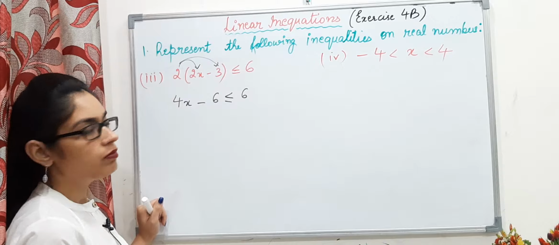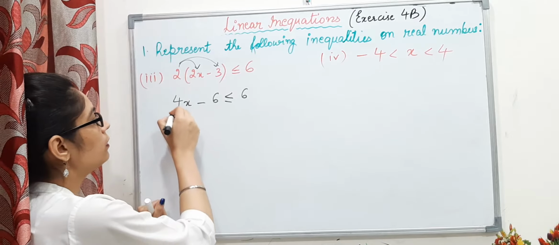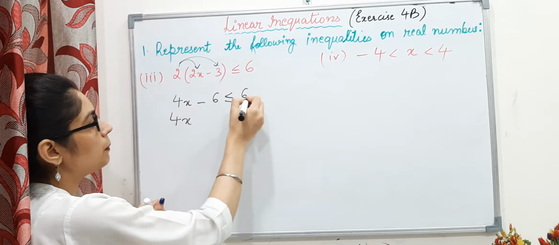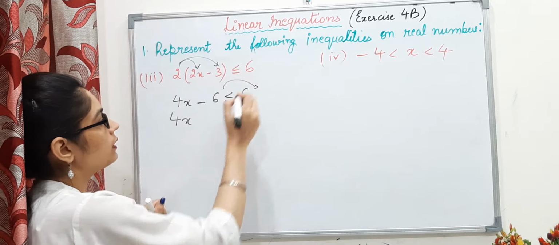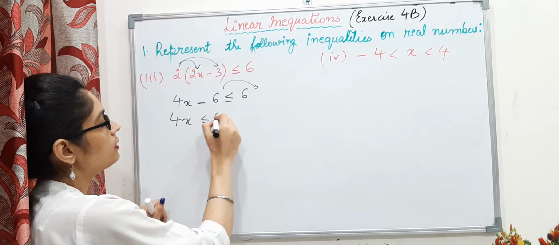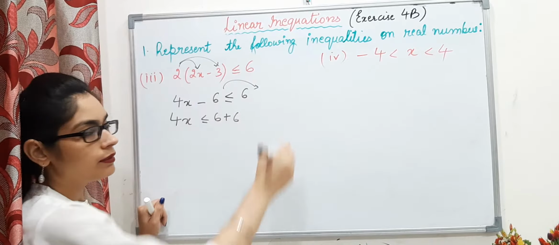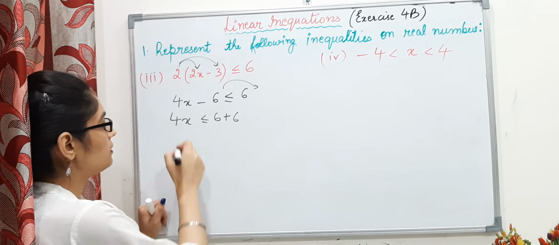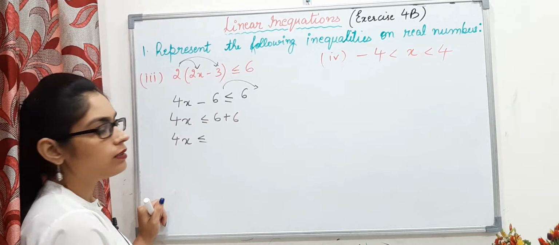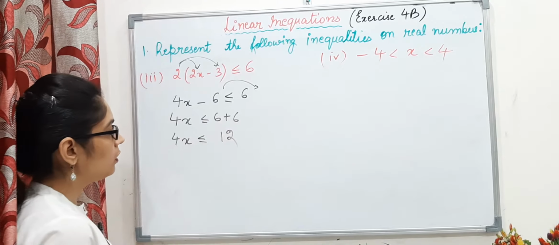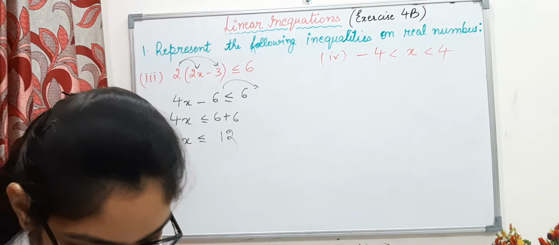So now we can write like terms together. So minus 6 and plus 6, these two are like terms, so minus 6 will shift to the other side. On shifting to the other side it will be changed to plus 6. So 4x is less than or equal to 6 plus 6, 12. So 4x is less than or equal to 12.